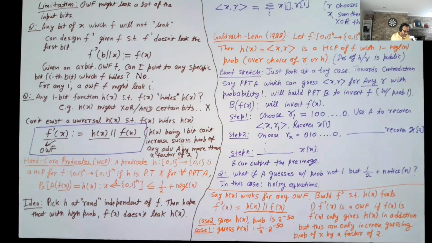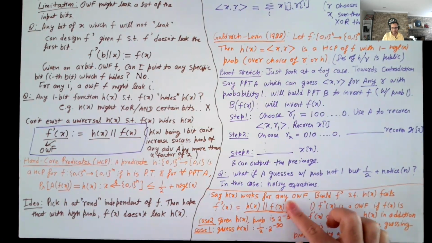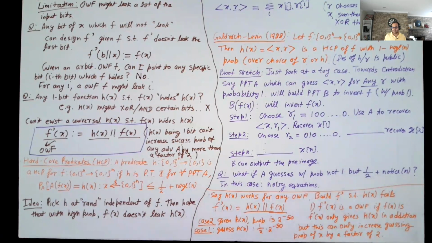So this shows that a universal h cannot exist which can work for any output length. But you can drop one of the bits of f of x, and again, that doesn't change things very much. And if I go into the proof of that, I think it will take very long. I can maybe explain it in office hours.